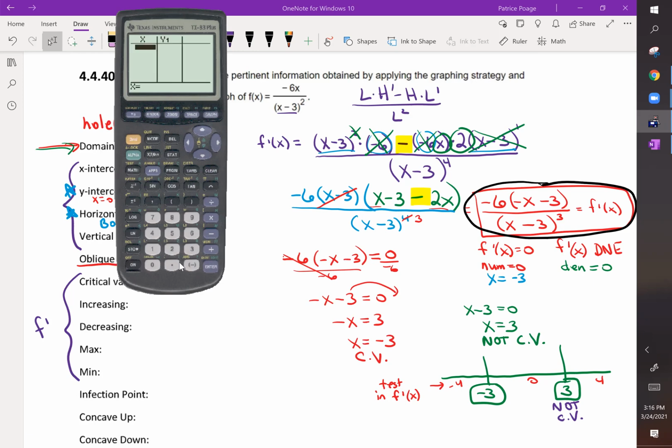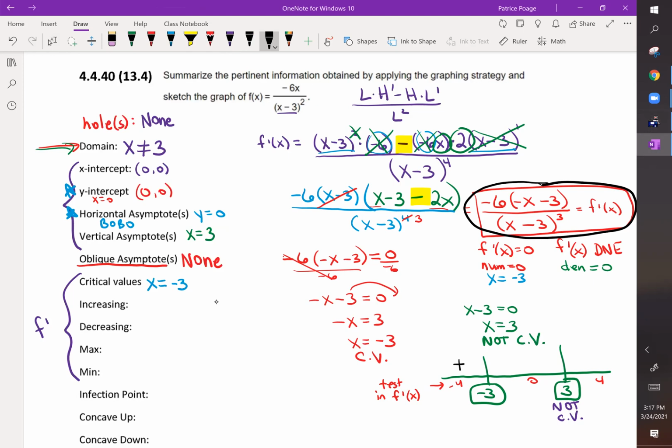All right, and I'll type in -4, 0, 4. And all I care about is positives and negatives. So I got a positive, a negative, and a positive. That means I was increasing, decreasing, increasing.